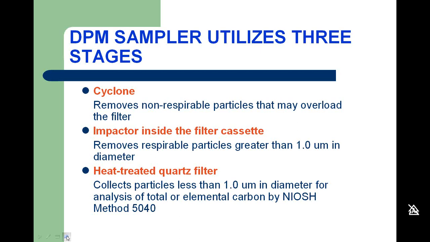The cyclone removes non-respirable particles that may overload the filter. The impactor inside the filter cassette removes respirable particles bigger than 1 micron. And the heat-treated quartz filter collects particles less than 1 micron for analysis of total or elemental carbon following NIOSH method 5040.